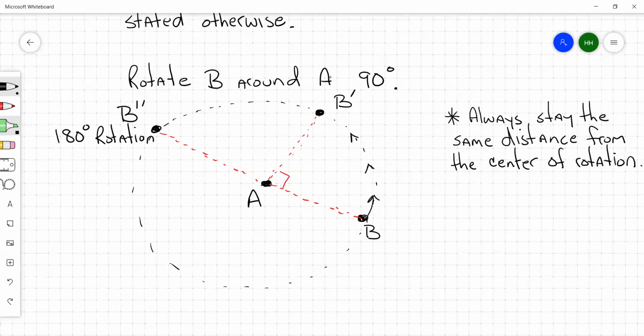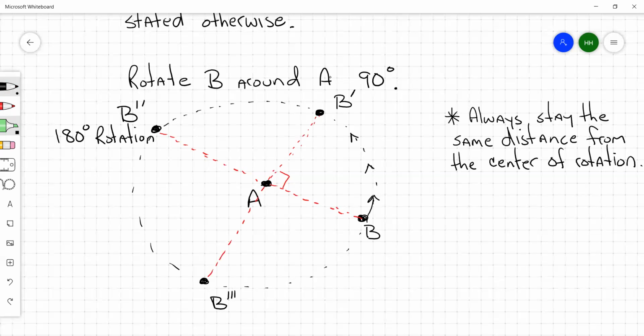If we add another dashed line right down here, an extension of our first rotation, we're now at B triple prime.